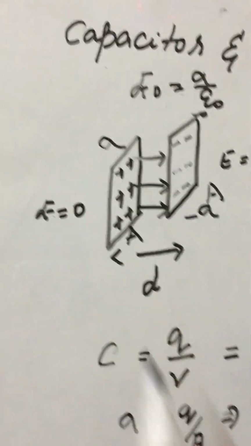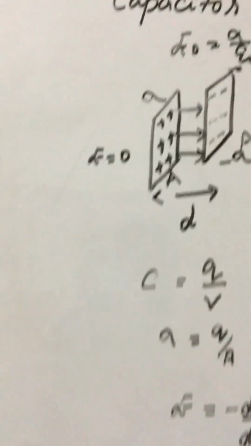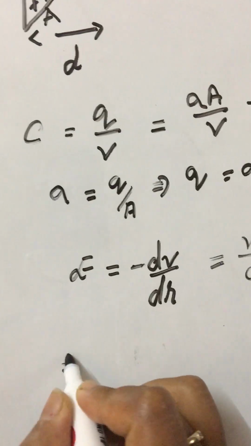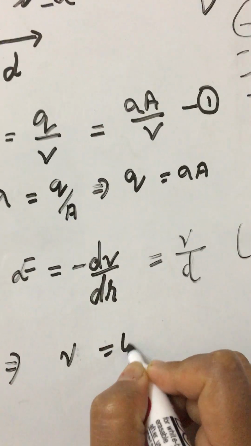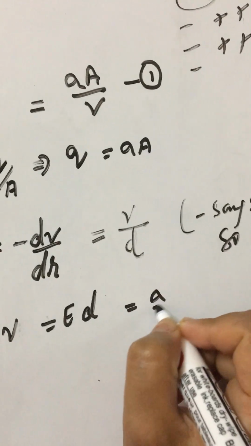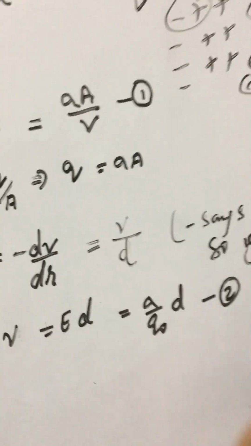V is the difference of potential between the two plates. So the formula becomes E equals V by D, and V is equal to E into D. And E is sigma by epsilon naught. Call this equation number 2.